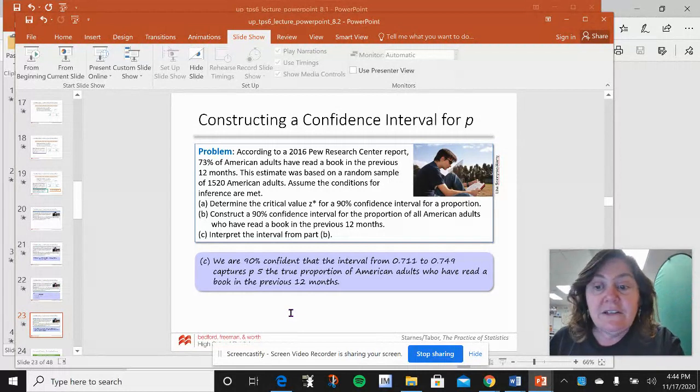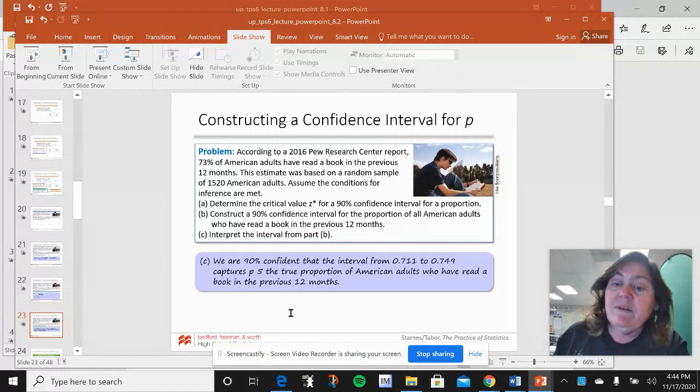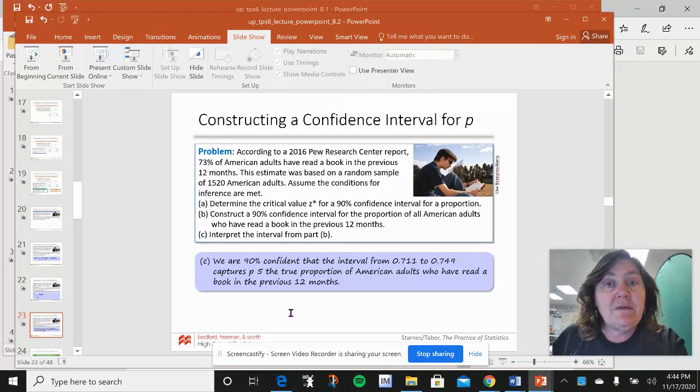Notice the context is there. You're also using the 90% confident, and you're saying it goes from here to here. You can also answer it in percentages if you want, where we are 90% confident that the true proportion or percent of American adults who have read a book in the previous 12 months is between 71.1 and 74.9%.